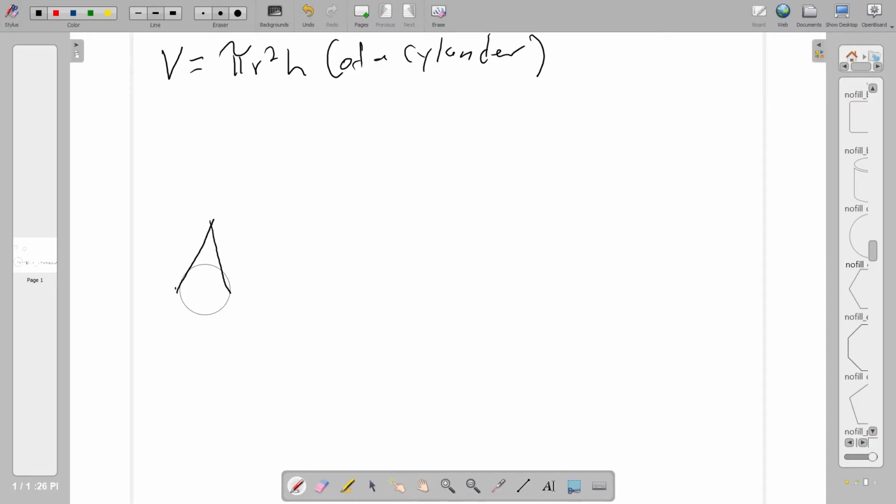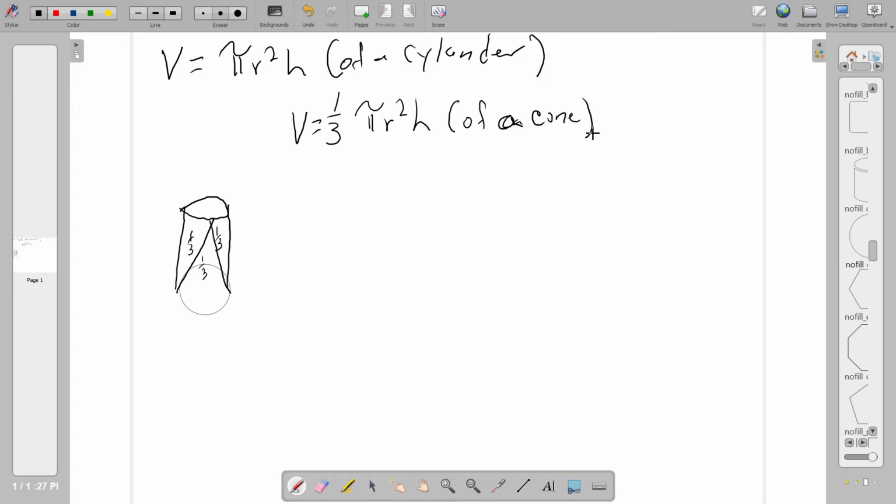Turns out, if you take this guy up here and you make your cylinder, this is 1/3, this is 1/3, and this is 1/3 of the cylinder. So the volume of a cone is 1/3 pi r squared height. That's of a cone.